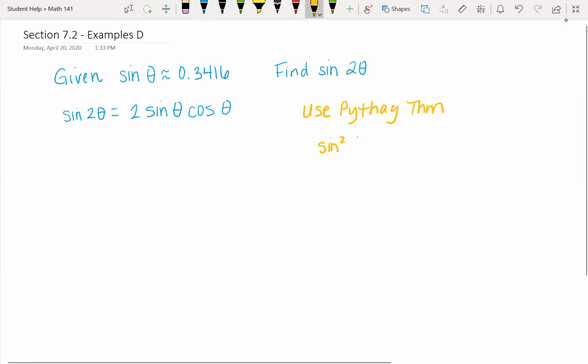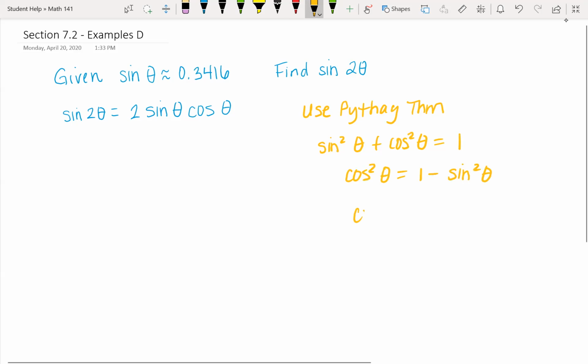Sine squared theta plus cosine squared theta equals 1. Rearranging that, we have cosine squared theta equals 1 minus the sine squared theta.